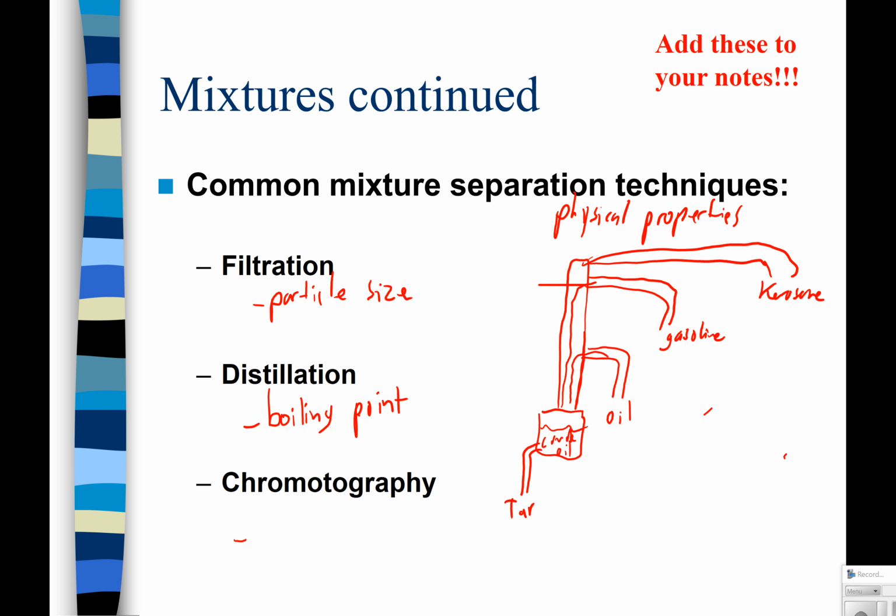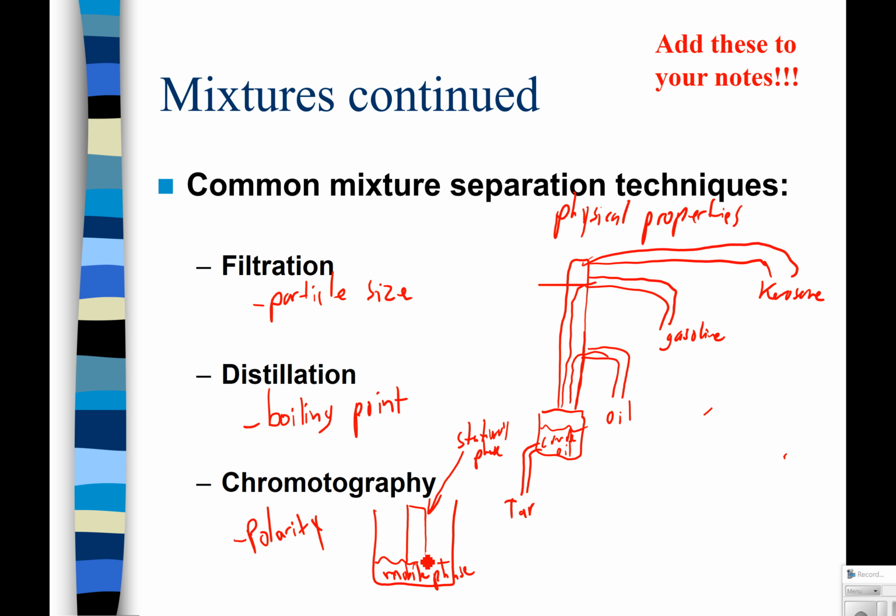Now, chromatography, and we will do a lab on chromatography, is going to separate components of a mixture based on their polarity and their attraction between what we would call the mobile phase, which is a solution, and the stationary phase.